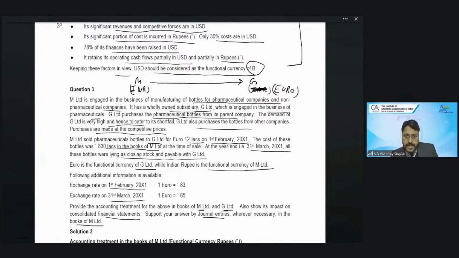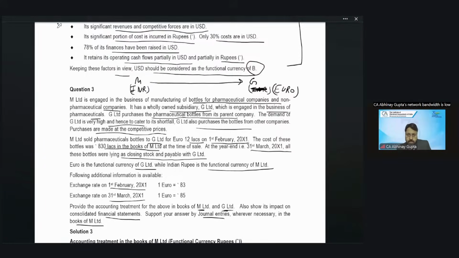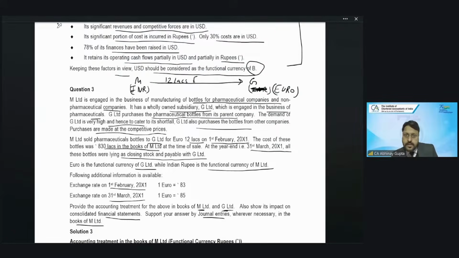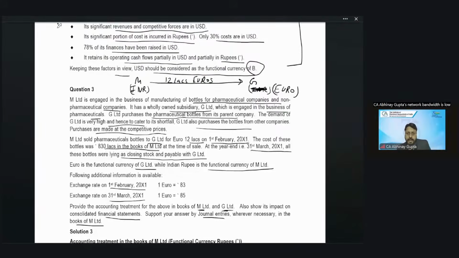And M is selling goods worth 12 lakh euros to G Limited, and the cost of these goods was 830 lakhs in INR, in the books of M Limited. So these are the broad facts, and these are the exchange rates for the two dates.